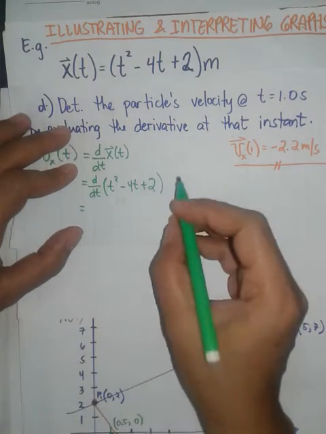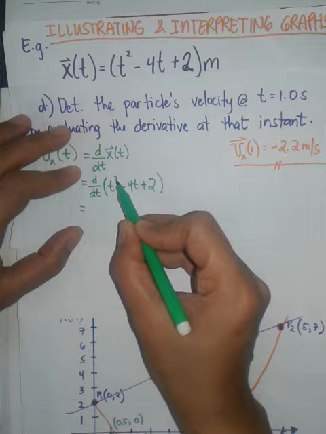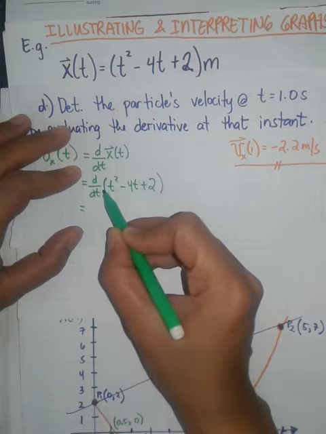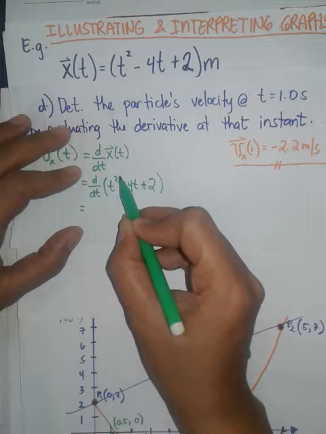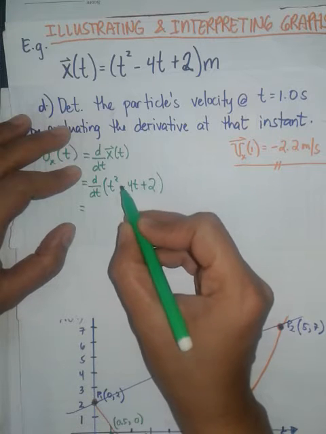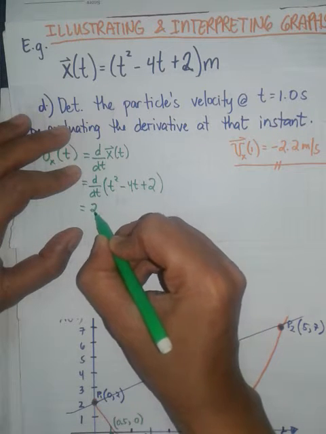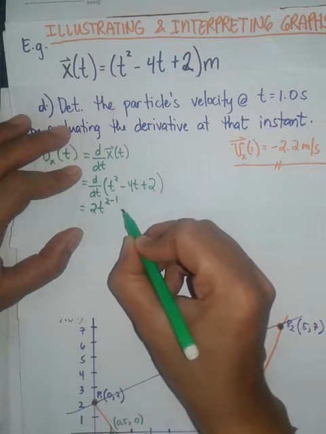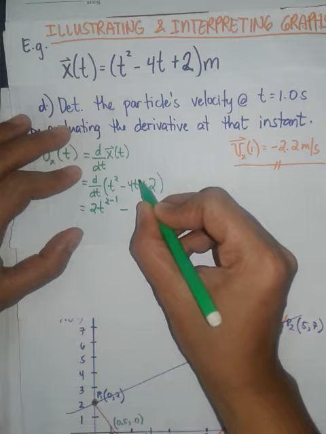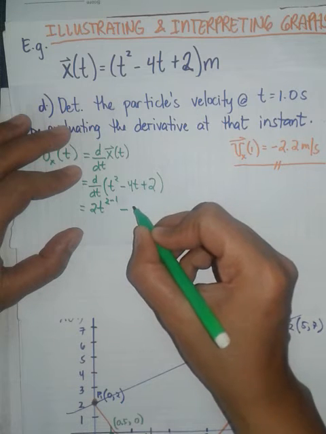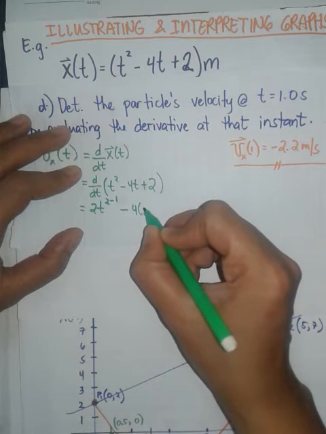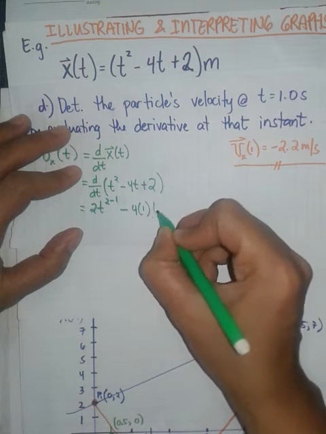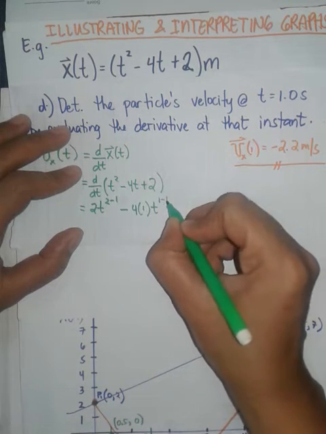It's just the power rule. So this becomes the exponent here times this variable, and then we subtract 1 from the exponent. So it becomes 2t, and then remember this is 2 minus 1. And then this one, we have an invisible exponent of 1 here. So it's just like 4 times 1, and then you have t to the 1 minus 1.